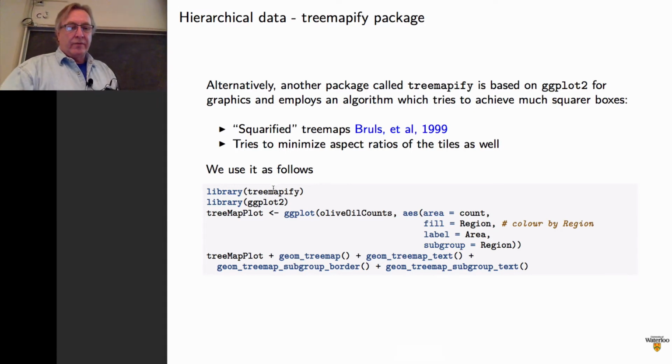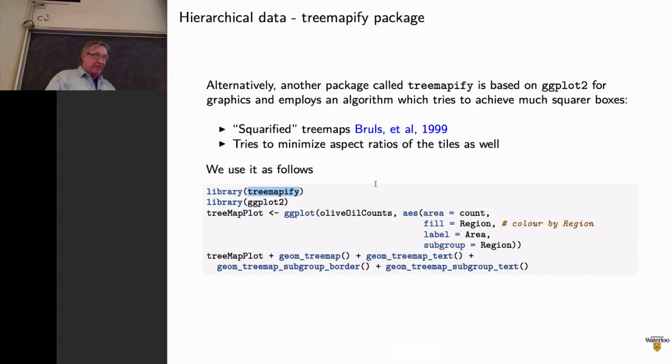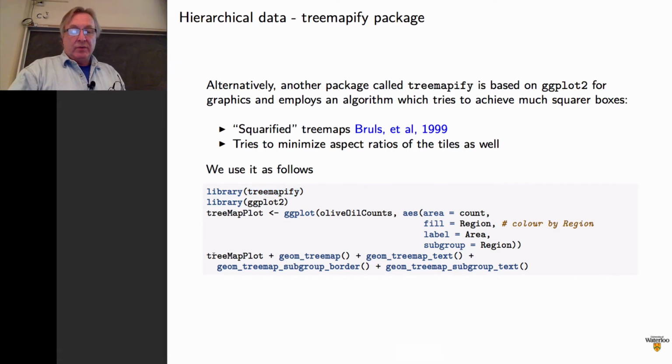And another R package called Treemapify, and it uses ggplot, and the most recent release is really heavily ggplot. So we're going to get a tree map with a ggplot with the aesthetics being area, fill, and a subgroup, right? And then take that ggplot and add these various geoms.